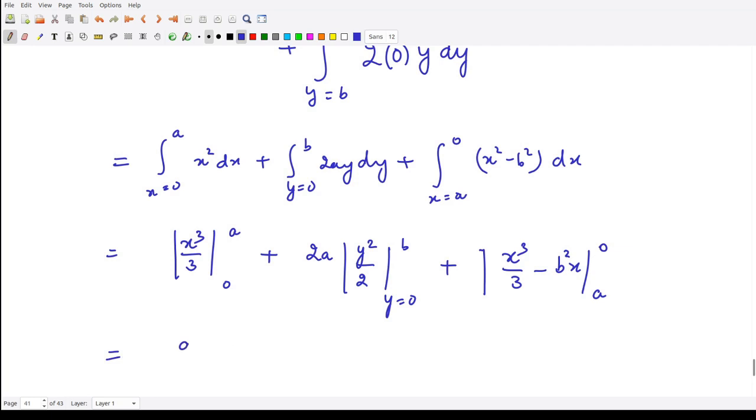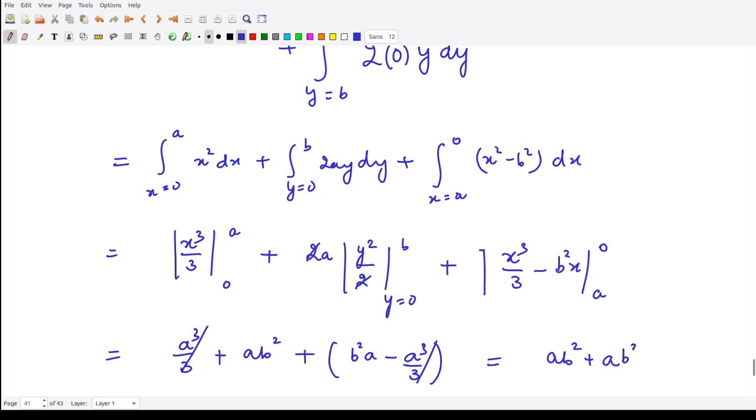So this term would be a cube by 3, and then we have 2 and this 2 and 2 cancel, so we have a into b square, and then you have b square a minus a cube by 3. So this and this got cancelled, so we have the quantity ab square plus ab square. So this quantity is 2ab square.